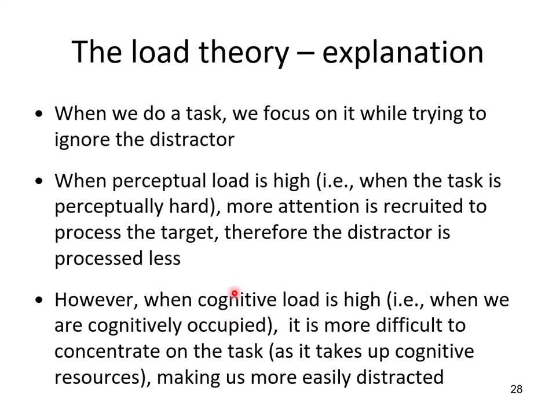Maybe we are thinking about some personal matters, or doing a mental calculation, or trying to remember a phone number, and so on. When we are cognitively occupied, it is more difficult to concentrate. Then you are more easily distracted. So this is the idea of the load theory, which describes the factors that influence how well we can select.